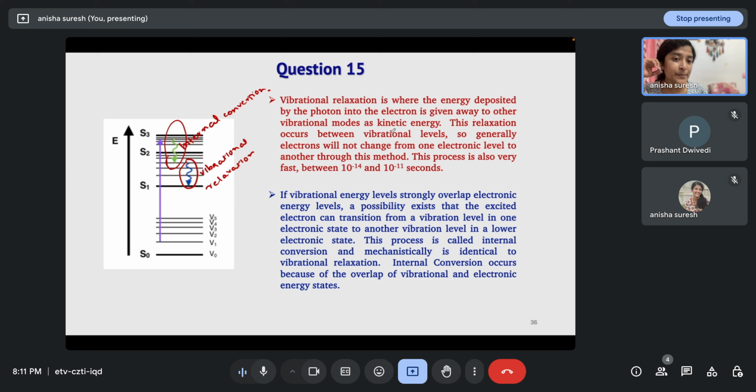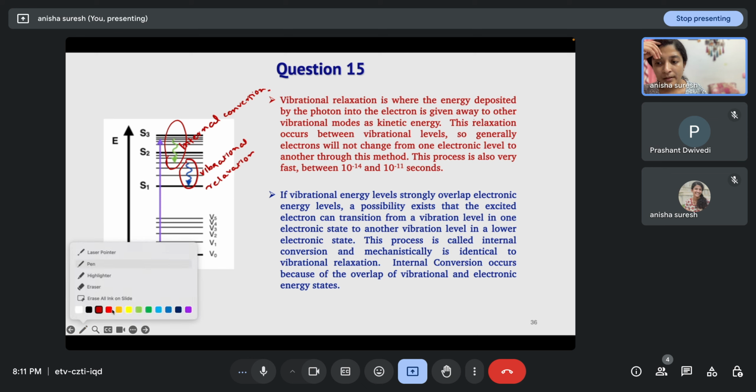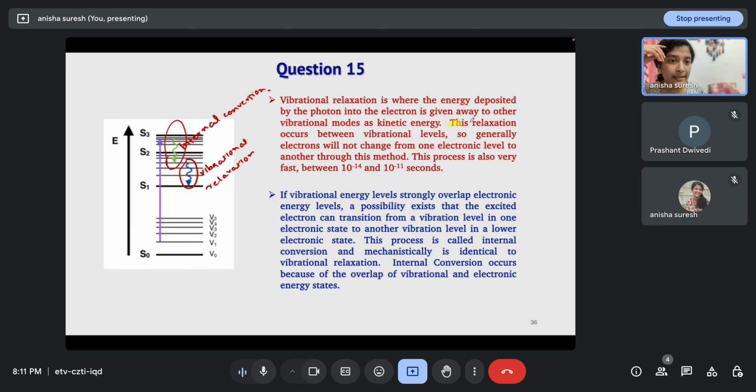This relaxation occurs between vibrational levels, so generally electrons will not change from one electronic level to another through this method. In the same electronic level only vibrational relaxation is taking place. This process is also fast, like absorption, which takes place in 10 power minus 15 seconds. Vibrational relaxation takes place in 10 power minus 14 to 10 power minus 11 seconds.